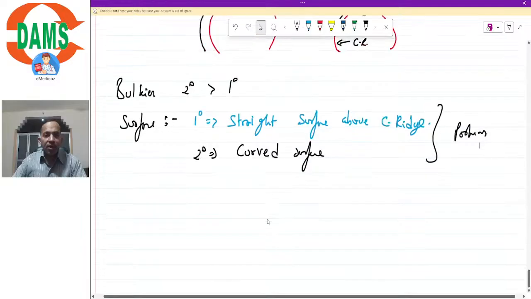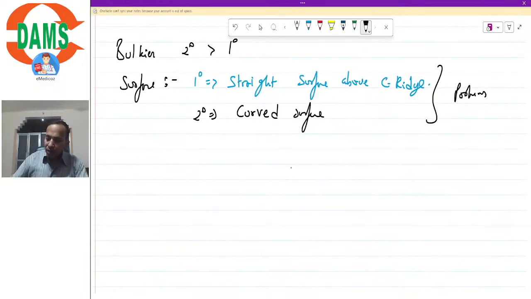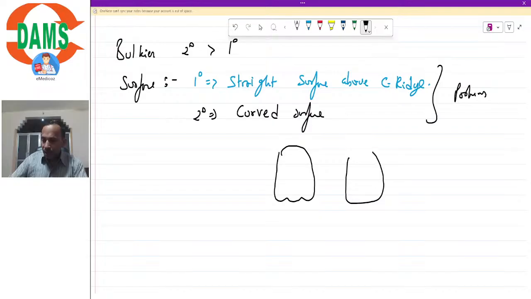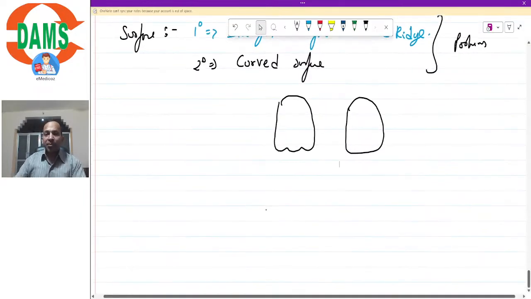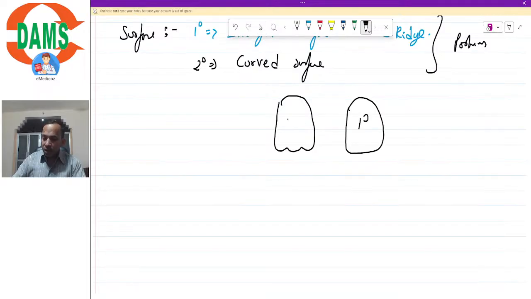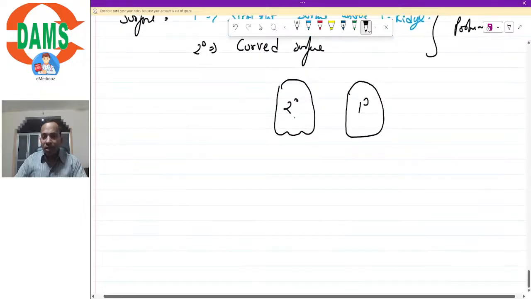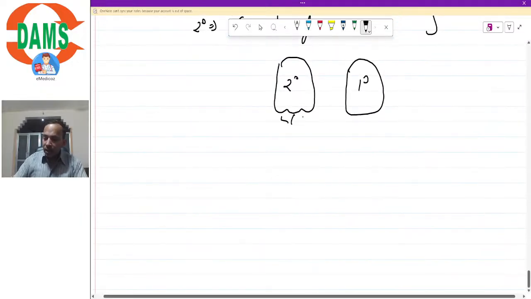What about the anteriors? What difference can we see in the anteriors? Let's say this is an anterior, and this is another anterior. These are both newly erupted. Can you identify which of these is primary and which is permanent? This is the primary and this is the permanent tooth. How did we identify which one is which? Based on these structures.